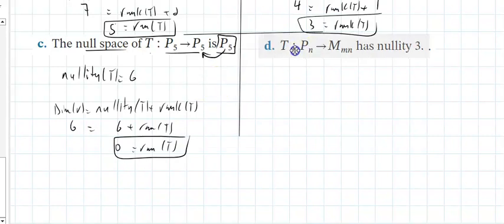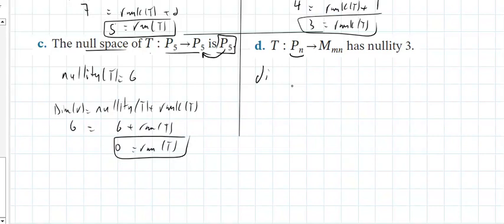In general, if we're taking a polynomial space, then the dimension of V would be the nullity of T plus the rank of T. The dimension here will be n plus 1. Nullity is 3.